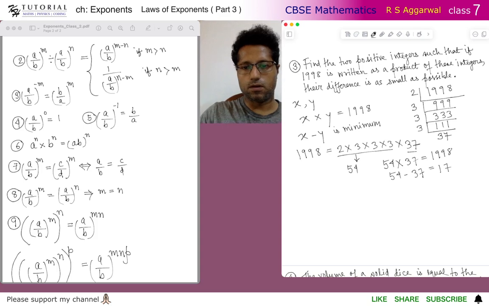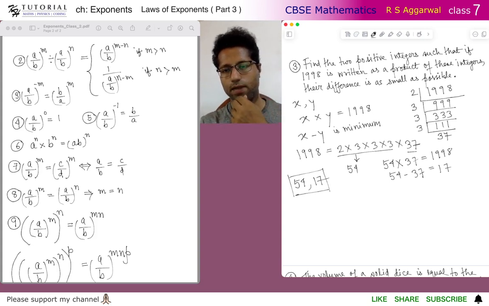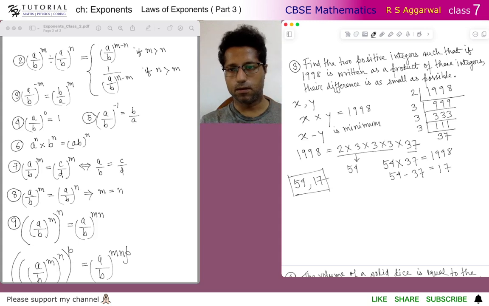So the numbers are 54 and 37. The main idea was to do prime factorization of the number 1998 and create two factors so that the difference is minimum but the product is 1998.